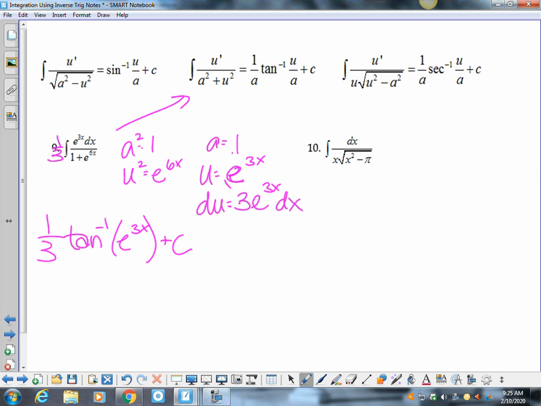Now, look at what else is different about number 10, about secant. Who comes first? The u comes first. So do y'all see how this can't be my a? A has to be a number. U is your variable. So he couldn't be an a if he wanted to. But that's good because secant has the u squared first.